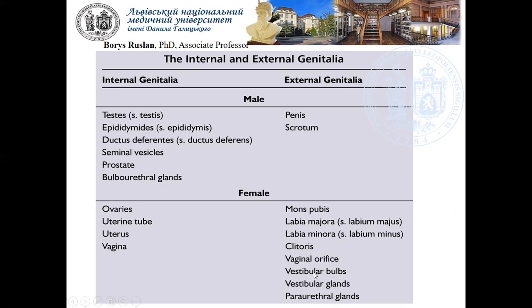Okay, vagina orifice, vestibular bulb, vestibular glands, and para-urethral glands. Okay, female. And what about the internal? It will be ovarium, uterine tubes, uterus, and vagina.